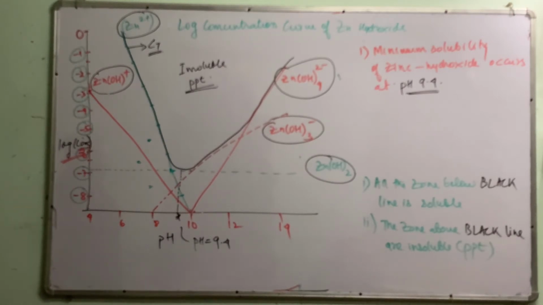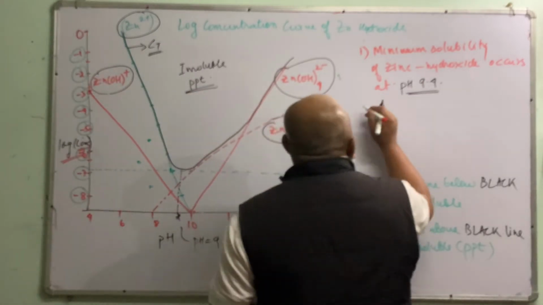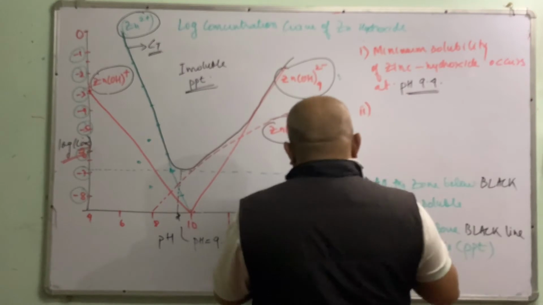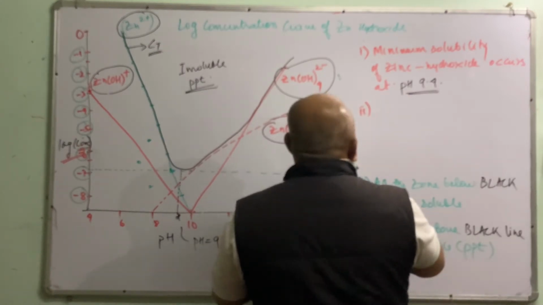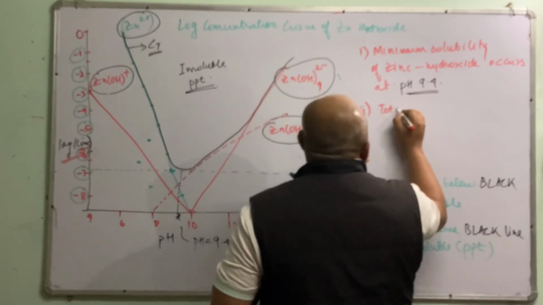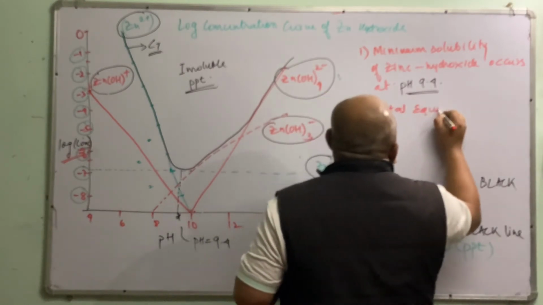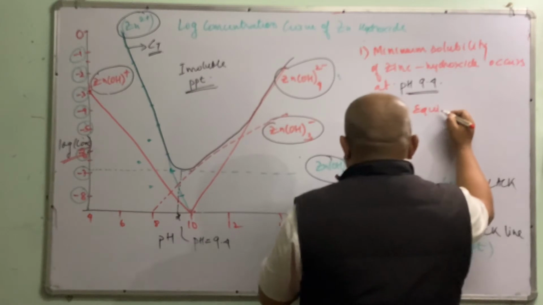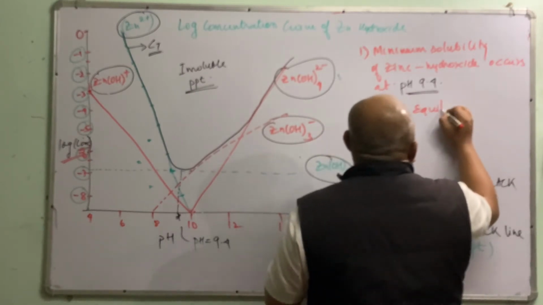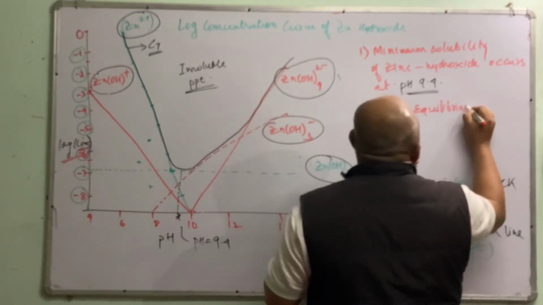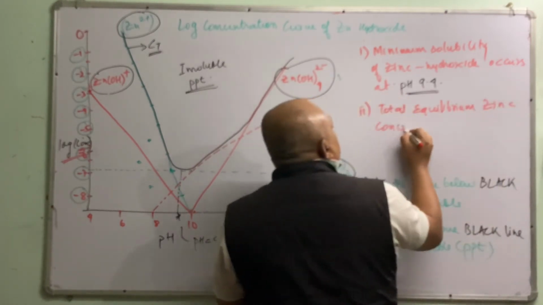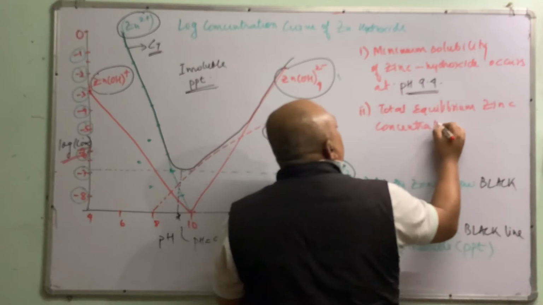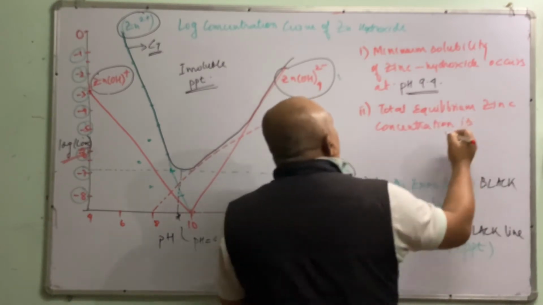Okay. So at pH 4, number 2, what is the concentration? And the total equilibrium zinc concentration is how much?